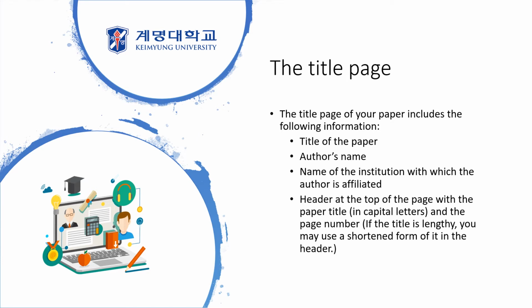Title page. Your title page includes the title of the paper, the author's name, the name of the institution with which the author is affiliated, and a header at the top of the page with the paper title. This title page would depend on the journal. If you're going to submit a paper to an international publication, they may require you to submit an anonymous title page, meaning you should not include your name or your affiliation in the title page.